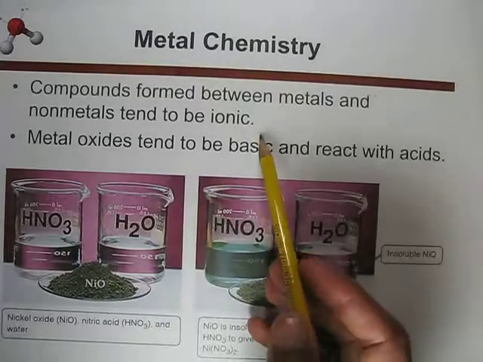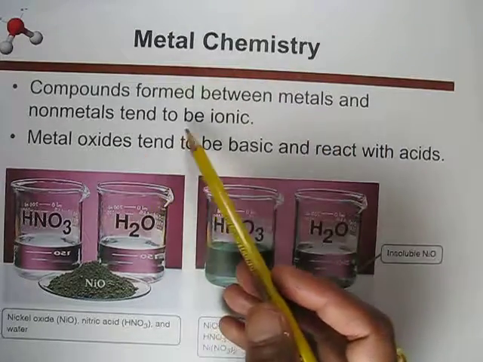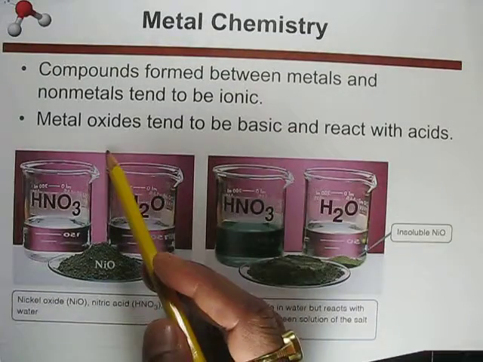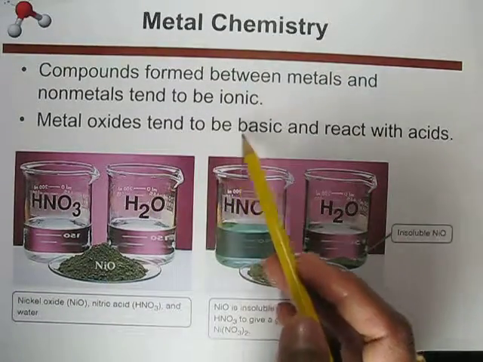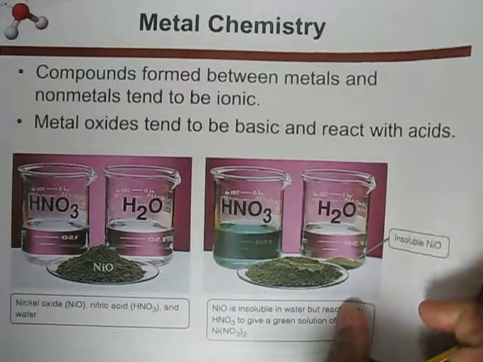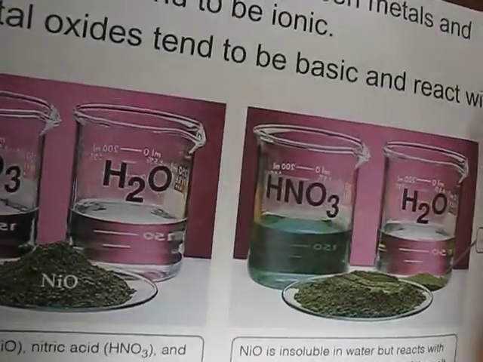Compounds formed between metals and nonmetals tend to be ionic, and metal oxides tend to be basic and react with acid. So here is an example.